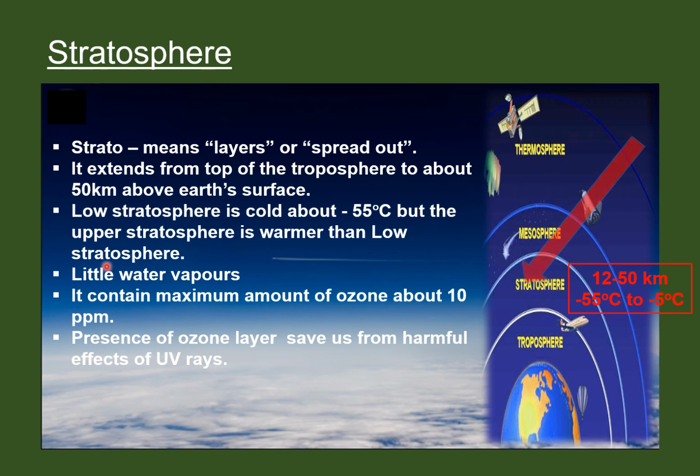This layer contains maximum amount of ozone, which is about 10 ppm, or we can say 10 parts per million. Presence of ozone is responsible for the rise in the temperature in stratosphere. Presence of ozone layer saves us from the harmful effect of ultraviolet radiations.